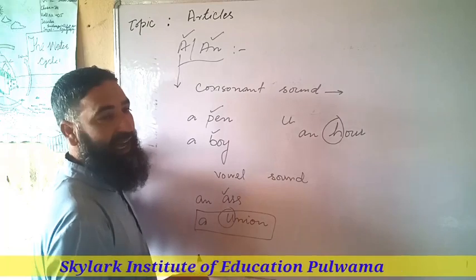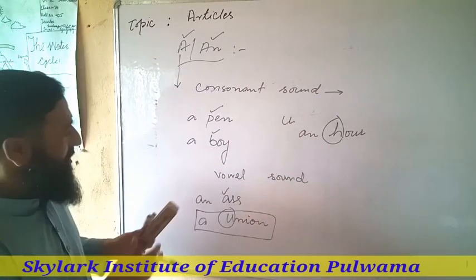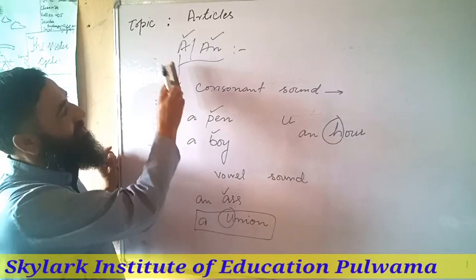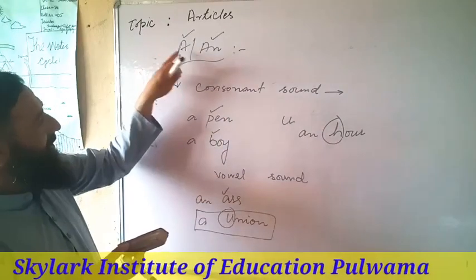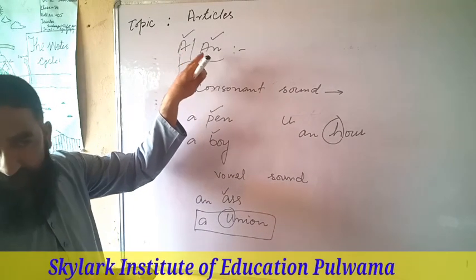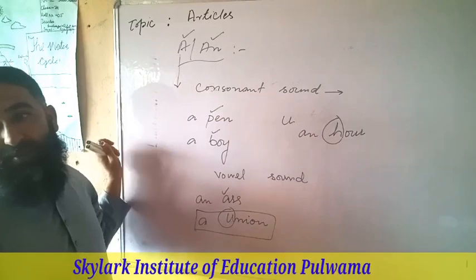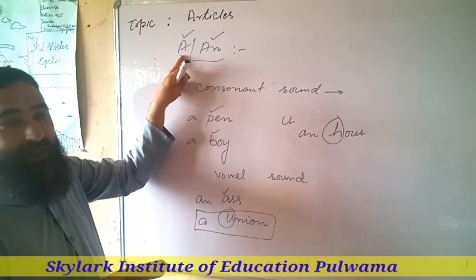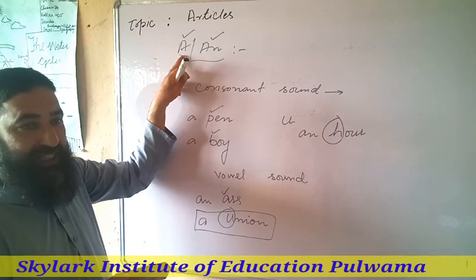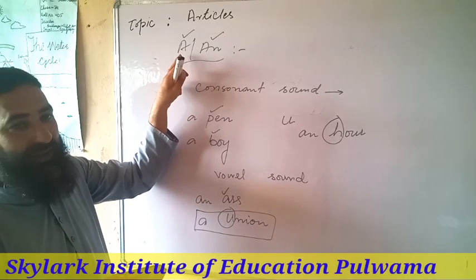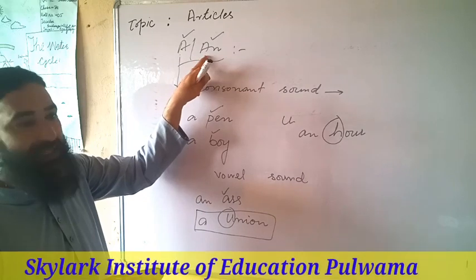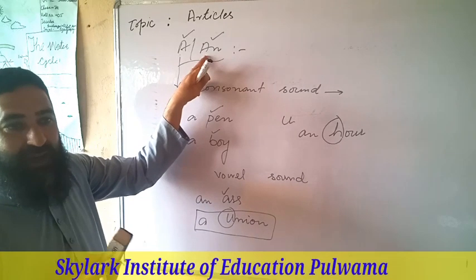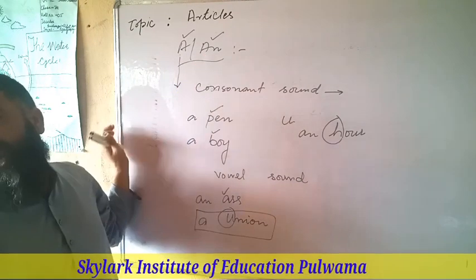So we write an hour. Nice. So you might have got the fact. There is no difference in terms of meaning, but in terms of sound there is a difference. The words that begin with a consonant sound take a, and the words that begin with a vowel sound take an.